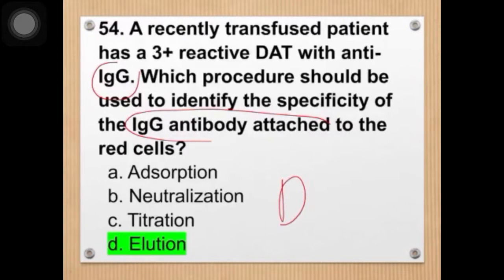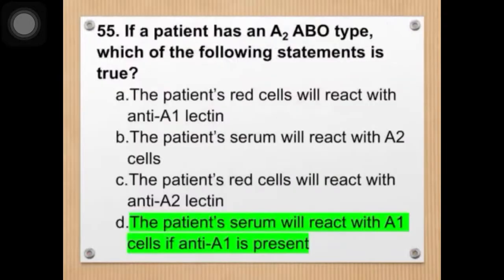Number 55. If a patient has an A2B type, which of the following statements is true? Pag A2 ka, meron ka lang A antigen, wala kang A1. Kaya po wala po siyang reaction with Dolichos biflorus. Kapag A2 ka, dahil wala kang A1, yung mga A2 individual, pwede po silang mag-produce ng anti-A1.